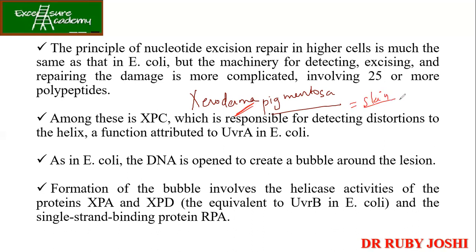Now, in this case, what happens is that the humans who have got this XP disorder are highly sensitive to sunlight. इसका मतलब क्या? The moment they go out, they get burns in their skin.